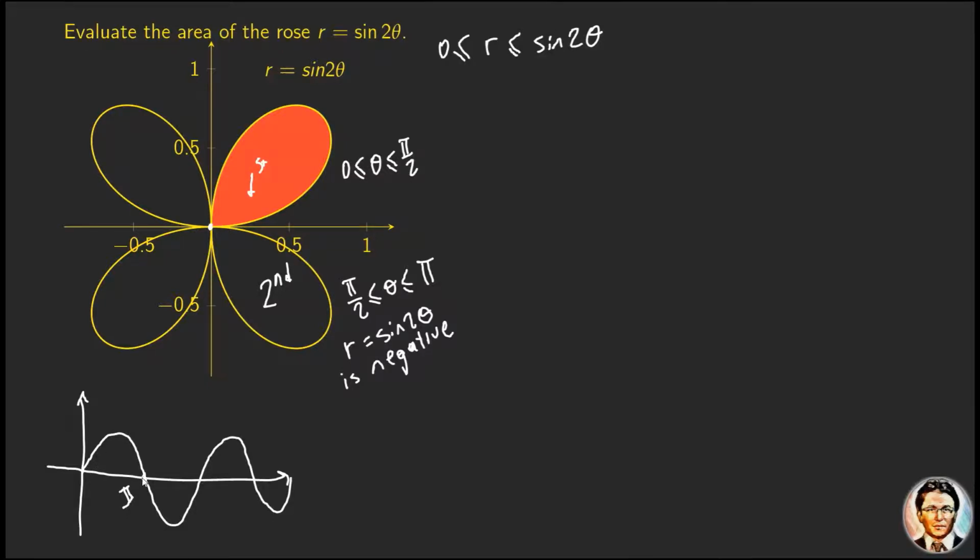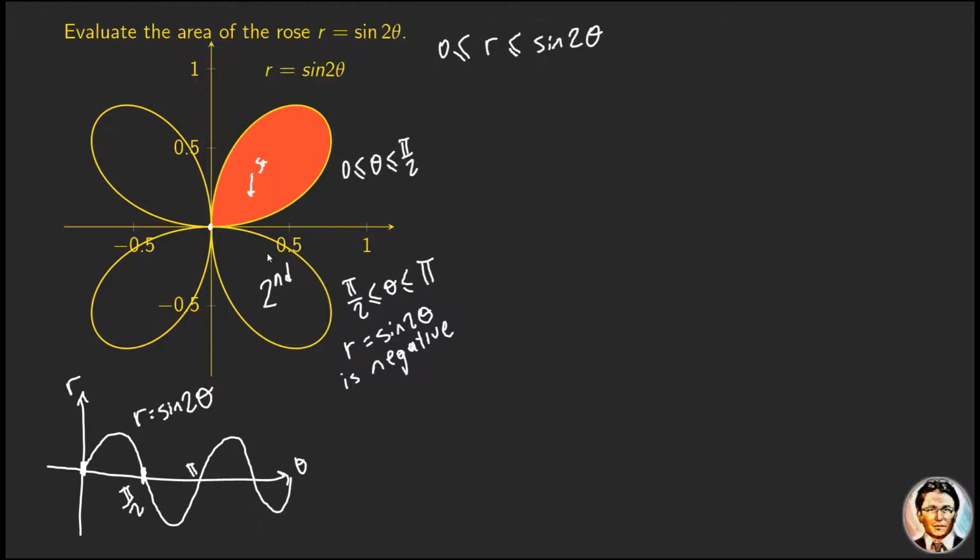It'll be 0 at π/2. So this one is π, and this is 3π/2, and so on. If you sketch it on the r-θ axis, r = sin 2θ will have such a graph. So that is why you have to consider only the first petal.